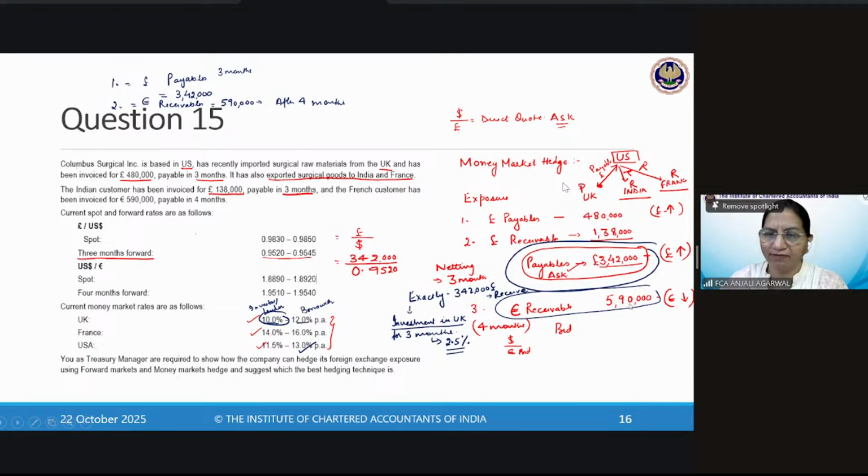So 590 divided by 1.04 is the present value that we will borrow, so that after 4 months you exactly pay 590. Now convert the euros into dollars today and invest in dollars at 11.5. Make a comparison and find it. Okay.